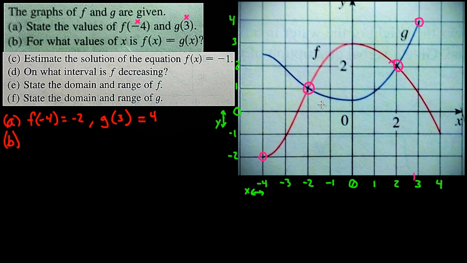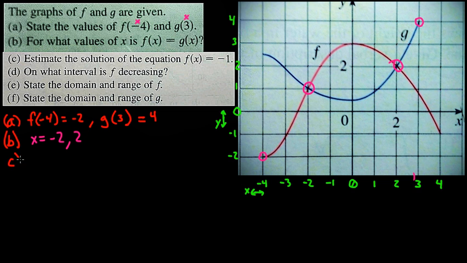So f of x is equal to g of x when x, here's your x-axis, is equal to negative 2 right here and positive 2. So f of x is equal to g of x when x equals negative 2 and 2.